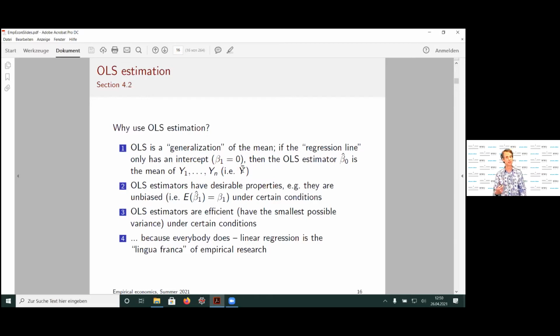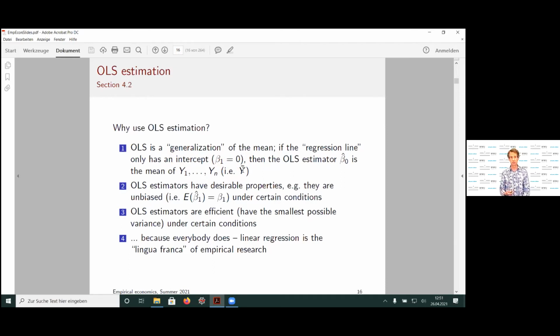So in a certain way, ordinary least squares regression is a generalization of this mean. We compute the mean of the endogenous variable, but take into account that the exogenous variable, the regressor, might differ from observation to observation. So in this way, it's a quite natural generalization.